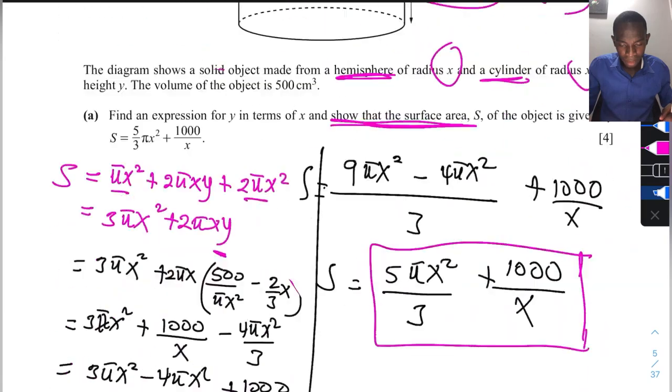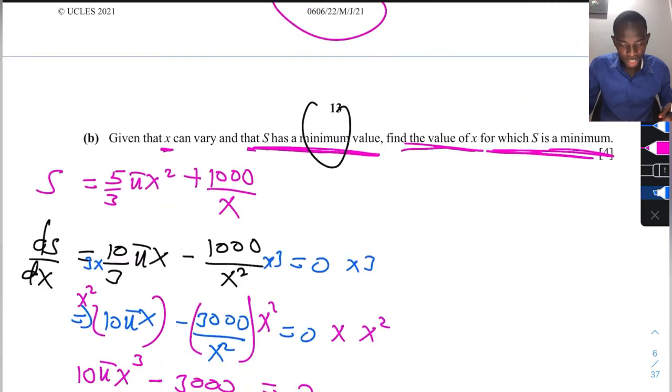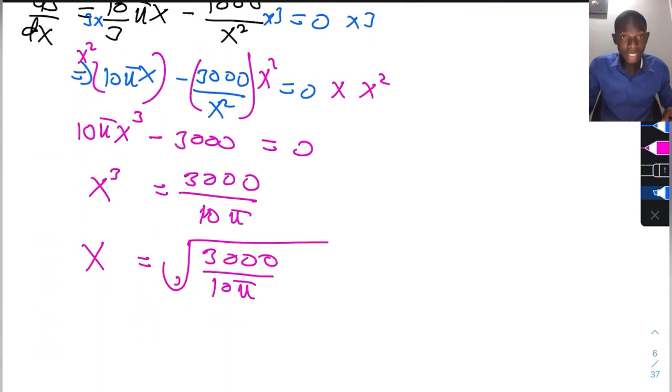This is not a circular measure question, so please change it from radians to the normal degrees. So let me change this to degrees. So I have the cubic root of 3000 over 10 pi.